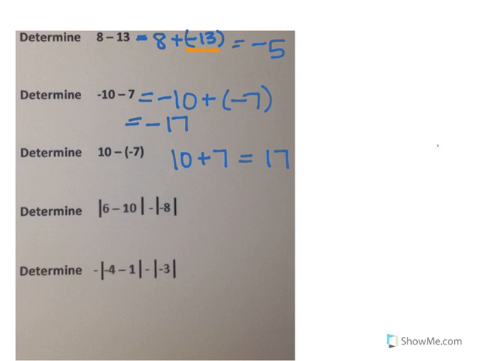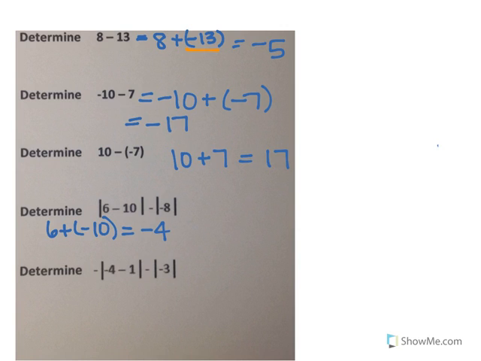Now we need to solve the absolute value of 6 minus 10, minus the absolute value of negative 8. In cases like this, the absolute value bars act as grouping symbols. 6 minus 10 can be written as 6 plus negative 10, which is negative 4.